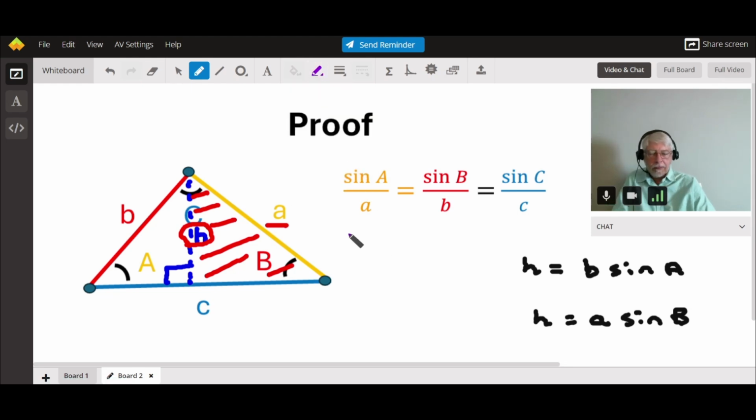There we go. So we know b sine A is equal to a sine B, because they're both equal to h.